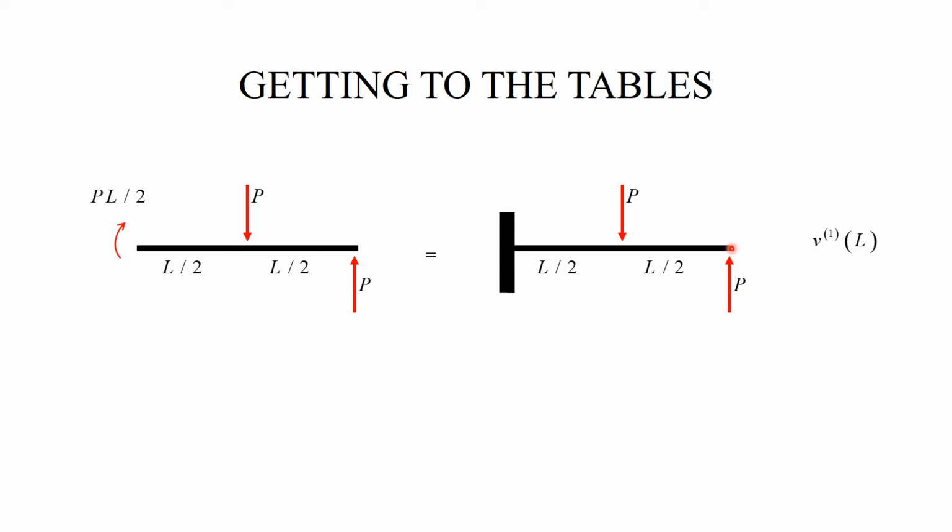So I say the original beam will be equal to this beam plus this loading. So what does this loading do? If the displacement at the tip is V1 of L, then I will superimpose it with a negative rigid body motion upward. If I put these two together, I will immediately conclude that by construction, the displacement of the tip is 0.